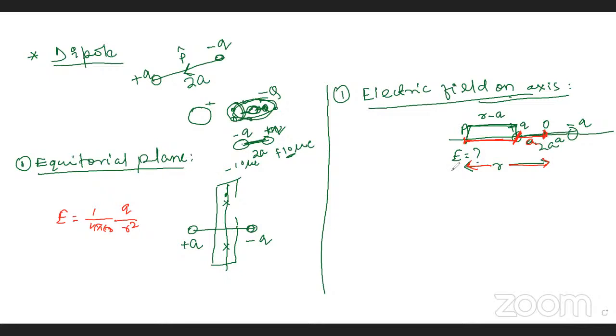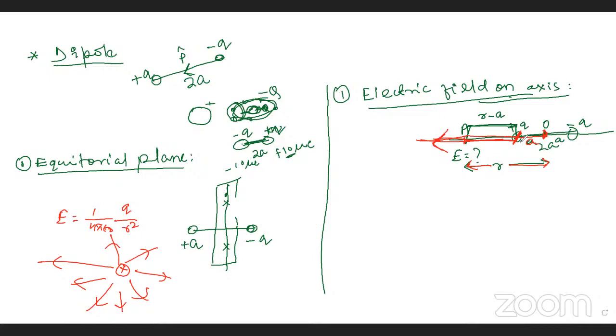The direction of the electric field will be to the left, because for a plus charge the field lines are away from the charge. This is the direction of the field lines by convention. Clear?